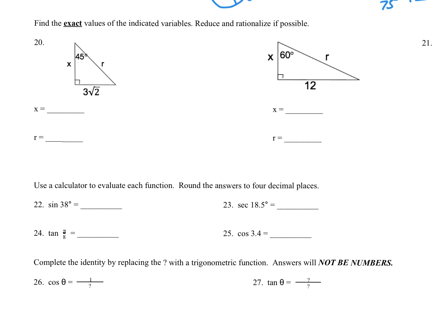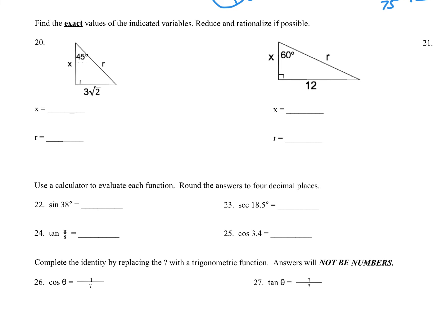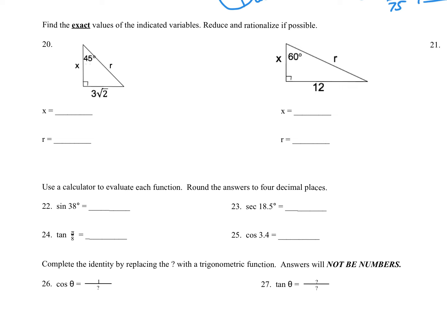Number 20. Find the exact values here. Okay, so this is 45 degrees. So we have x root 2. So x is 3 root 2. And r is then 3 root 2 times root 2, which is 3 times 2, which is 6. So it's 6. This is 30, 60, 90.